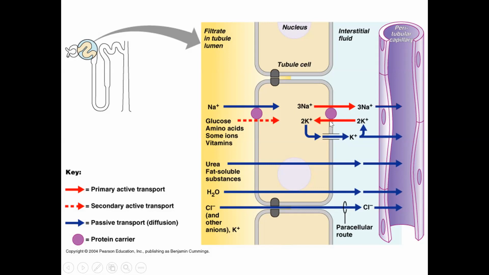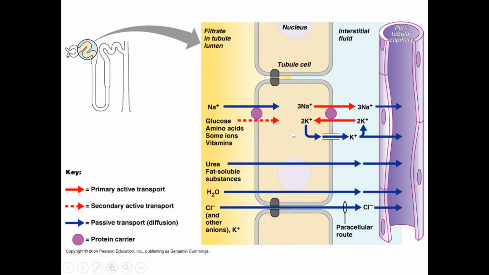This one definitely is active transport, requires ATP. All right, so the sodium concentration will get lower and lower inside of the cuboidal cell. At the same time, if you just have the pump, you're going to build up potassium concentration inside of the cell.